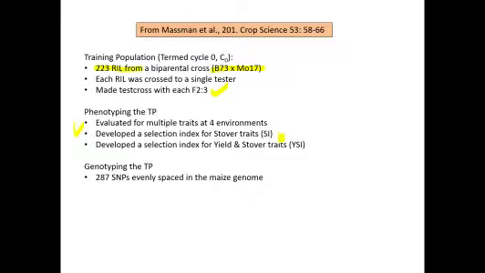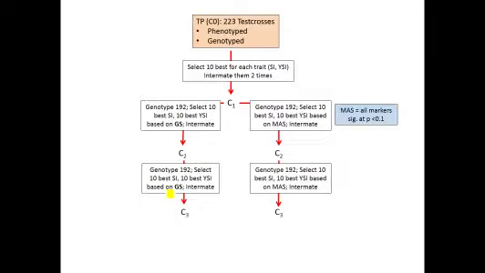Using that data, they developed a selection index for stover and another selection index for yield plus stover. They genotyped all these 223 inbred lines with 287 SNPs, and that is your training population. So that information is your training population in which you build your genomic selection model.